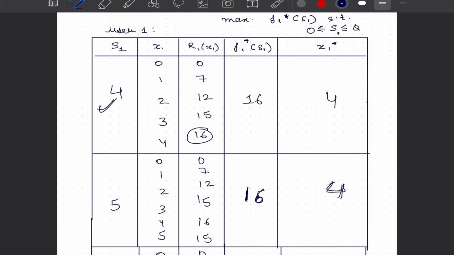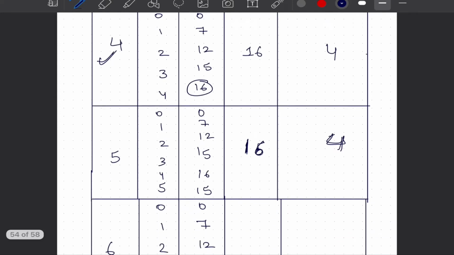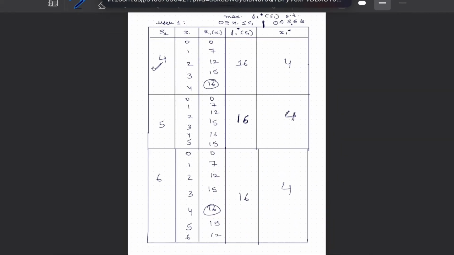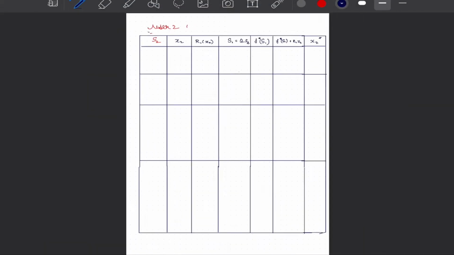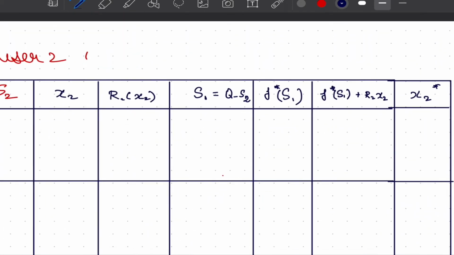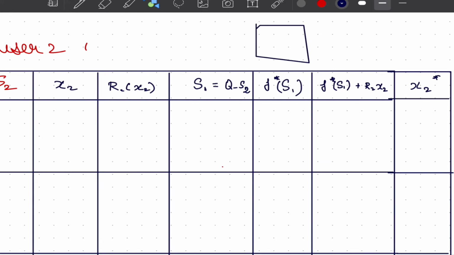So if you clearly see, we can always write this in a mathematical form: maximize F1 star S1 subject to S less than or equal to Q whenever I am standing at this user 1, and our X1 has to be less than whatever is the state available, and I'm writing all the possible cases for a given value of S.